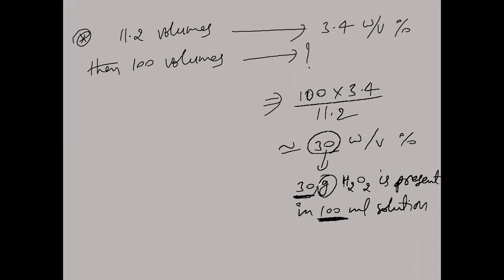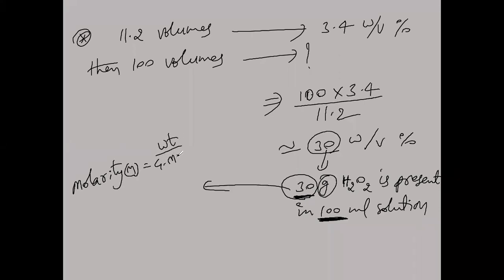Okay. So from this, molarity also we can get. Molarity, what is the formula generally? Molarity M is equal to weight upon gram molecular weight into 1000 by volume of solution in milliliters. Now we substitute here.